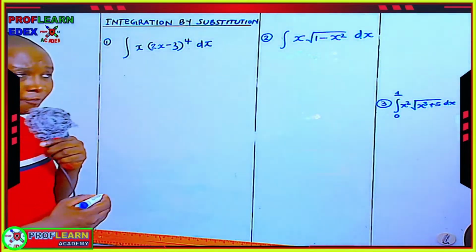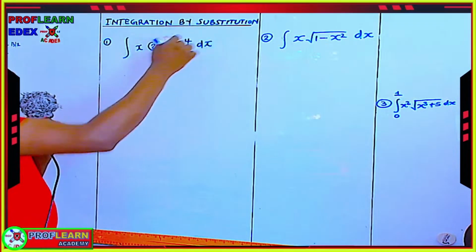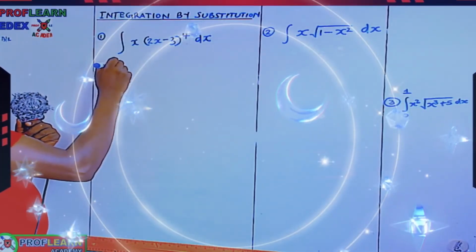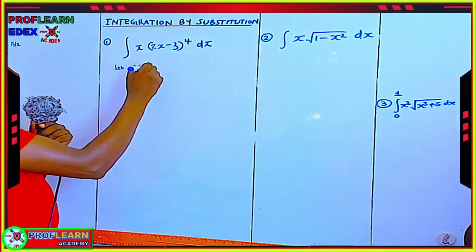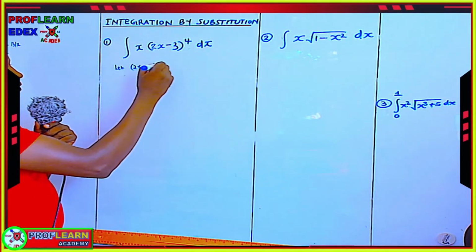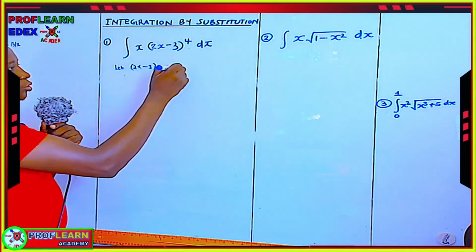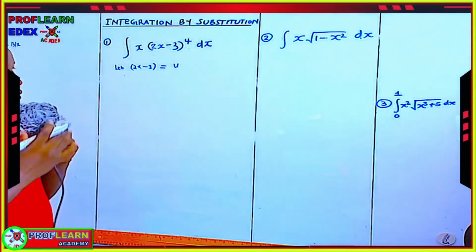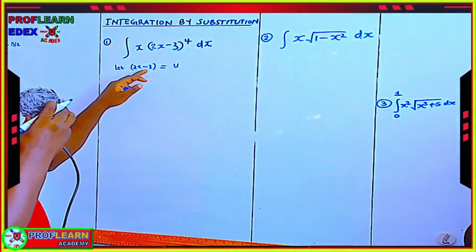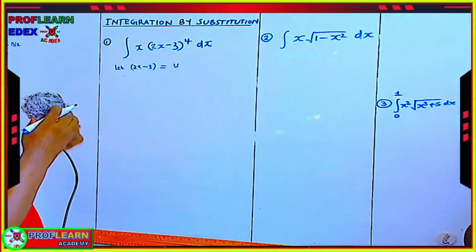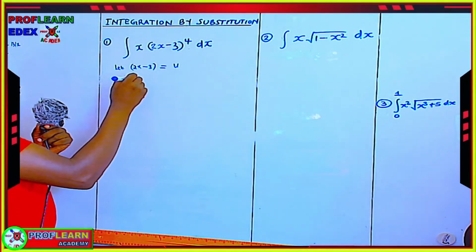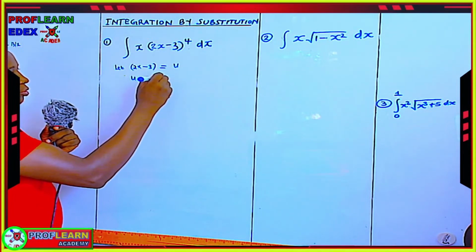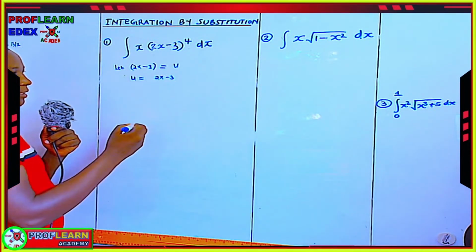When we're talking of u substitution, we can say let 2x minus 3 be equal to u. We are substituting this part with u. So which will mean that u is equal to 2x minus 3.